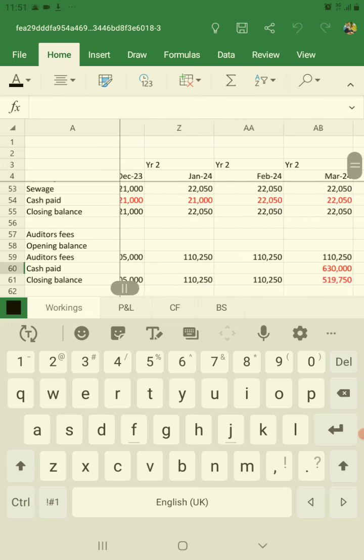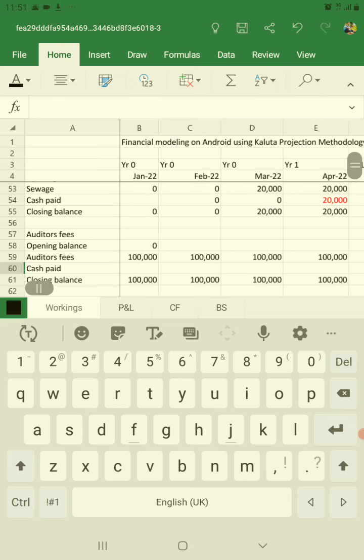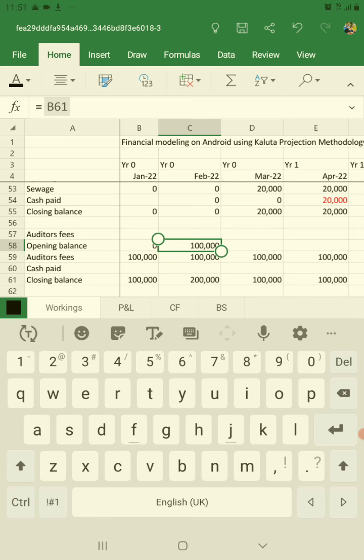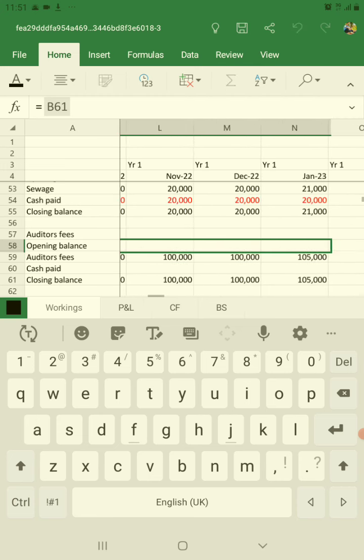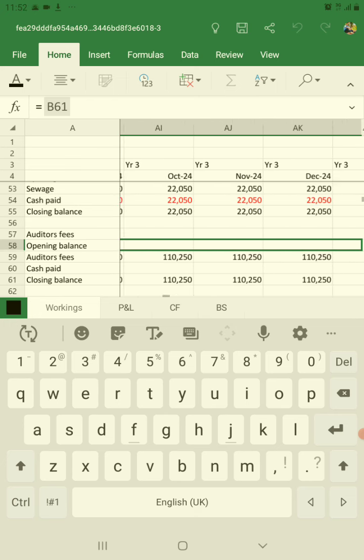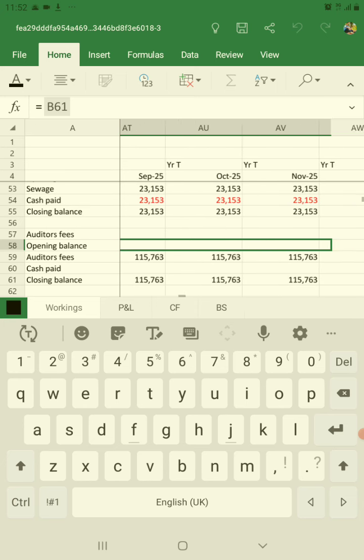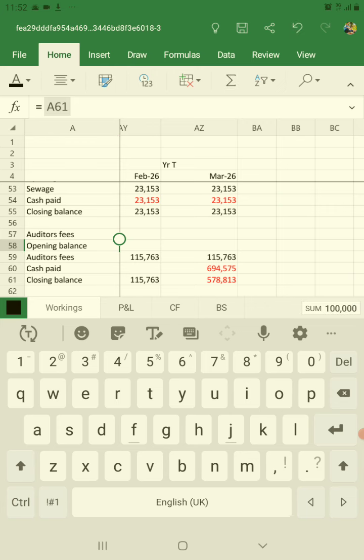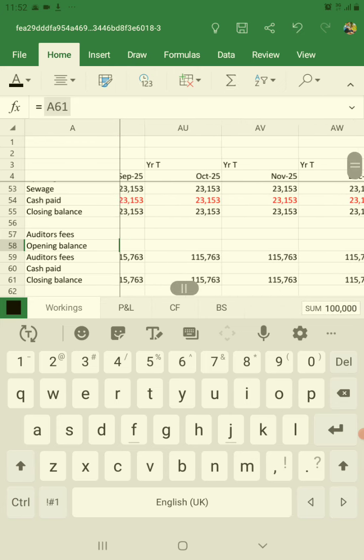So let us now go back, finishing our modeling by putting opening balance in February here, put equal sign, which is the closing balance for January, and then press enter, and then fill this to the rest of projection periods. Where did I go?